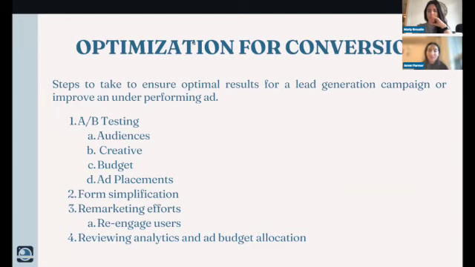Remarketing efforts are also a fantastic way to improve results. You want to re-engage users. Something that we love to do is, if we've run X lead generation campaign for a client in Q1, now we're testing out a new objective in Q2, we'll retarget everyone that actually went to the first Q1 lead ad, because they were clearly interested enough to want to provide us their information. So now we want to bring them lead ad number 2 and see if that's going to help produce a different result.